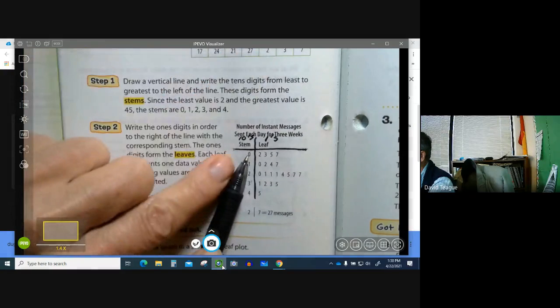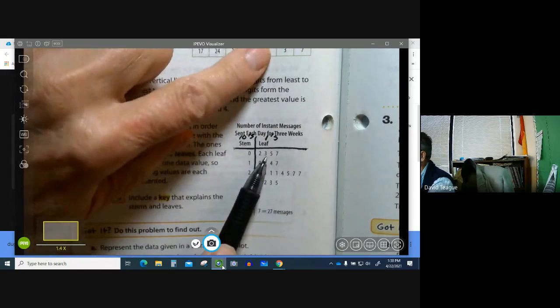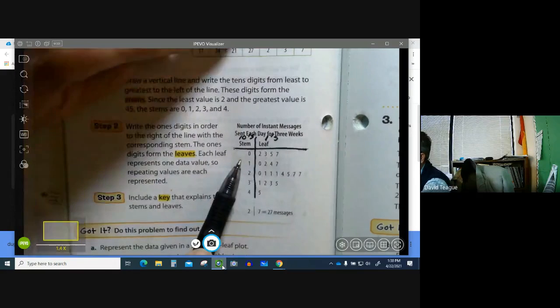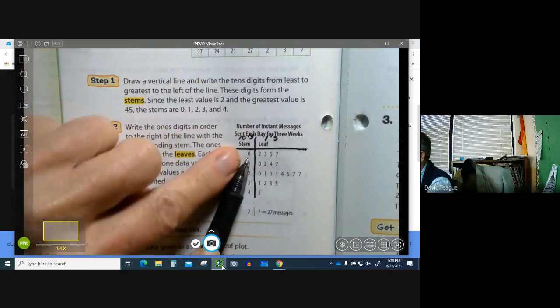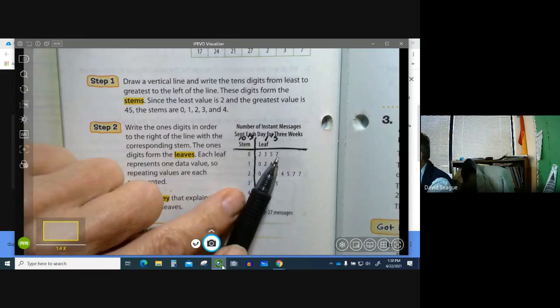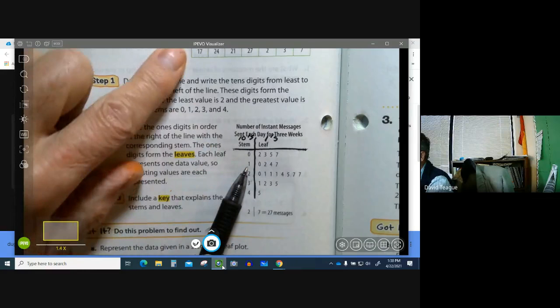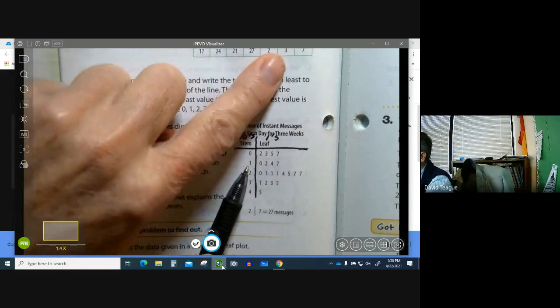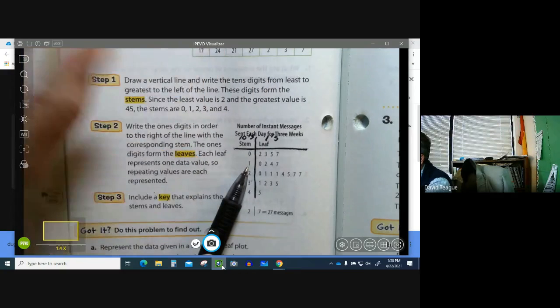Number 3, I would have 0 in the tens place and 3, 5, wherever 5 is, 0 and 5. 7 would be 0 and 7. Okay? Now let's go to ones in the tens place. So I'm going to find all my numbers, so I have a number 10 here.